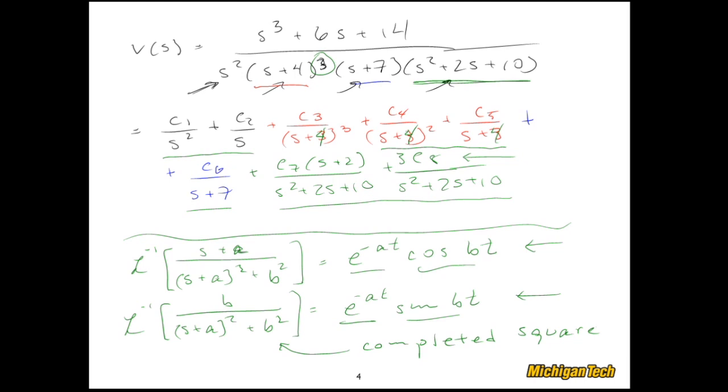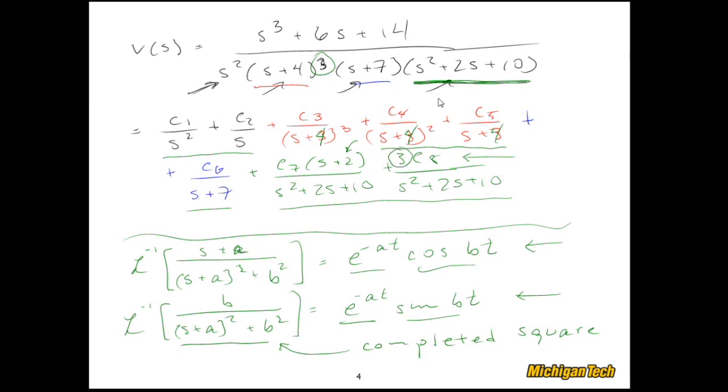So we can take a polynomial like s squared plus 2s plus 10 and write it in this completed square form. And when we do that, we identify what a and b are, and that's why we have these strange terms up here. This is a and this is b for this particular polynomial.